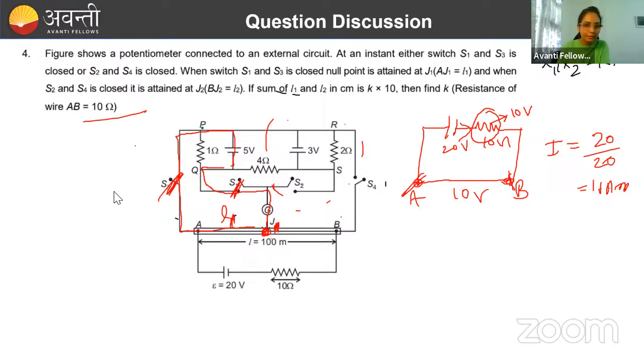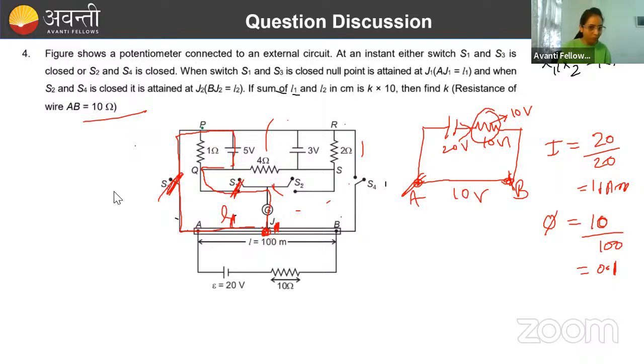It means across A and B, the total voltage drop is 10 volt. Now, what will be the drop across AJ1? Suppose I am calculating the potential gradient phi in volt, the potential drop per unit length. How much length does it have? 100 meter. The total potential drop is 10 volt and the total length is 100 meter, so the potential drop per unit length is 0.1.